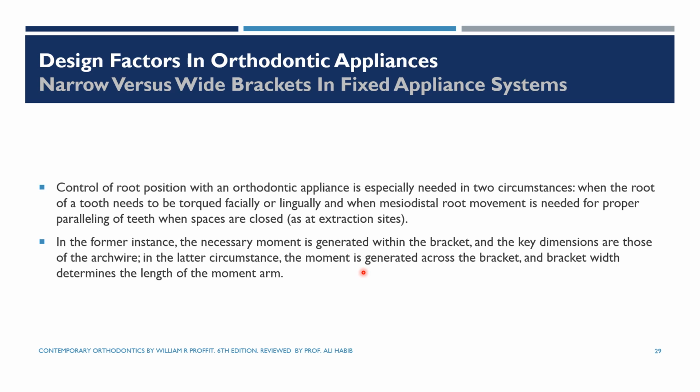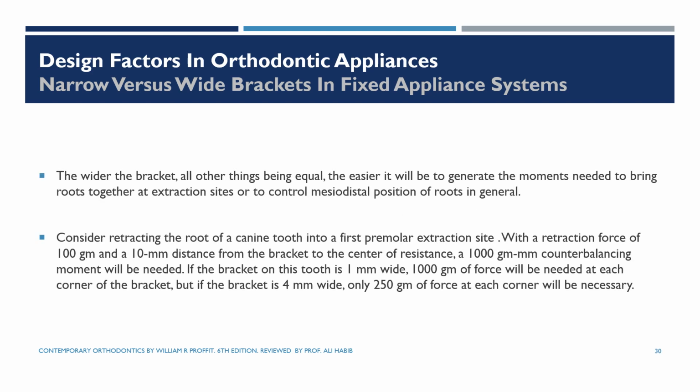Again, if we have a narrower bracket, we expect the movement to be different than if we use wider brackets. And let's see how the size of the bracket can affect the type of tooth movement. Wider brackets will apply more bodily movement and minimize moments more than the narrower brackets.